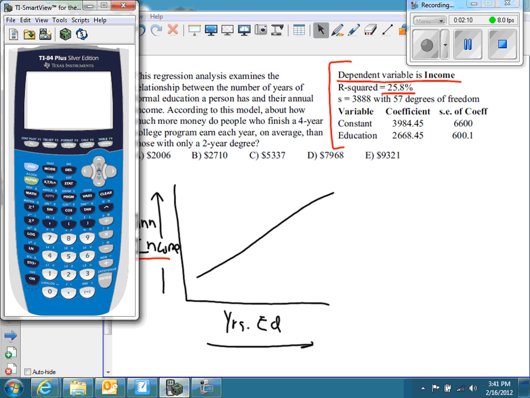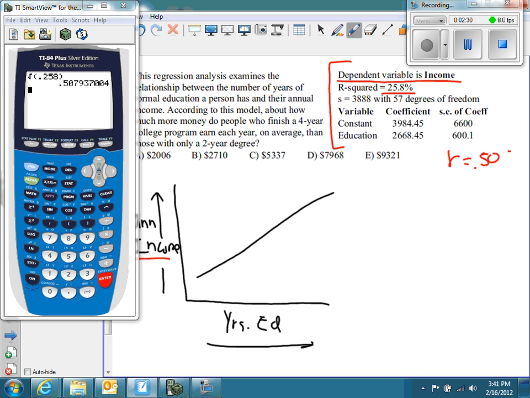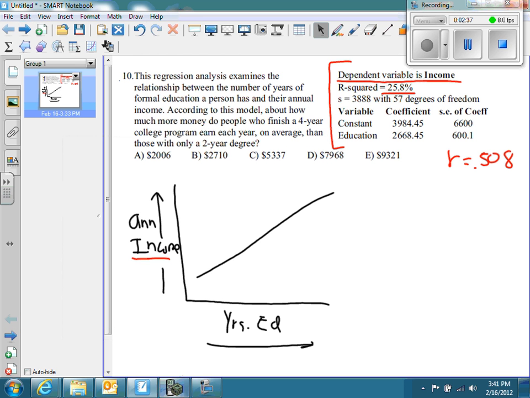So I'm going to take the square root of 0.258, and I find that my r is equal to, we'll call it, 0.508. So I've got a little bit more data. I'm not totally positive I'm going to need it, but I have it nonetheless.